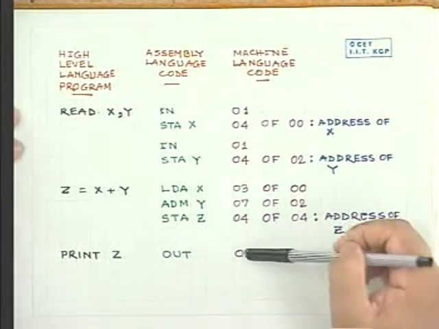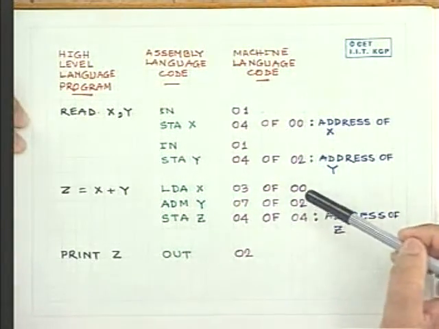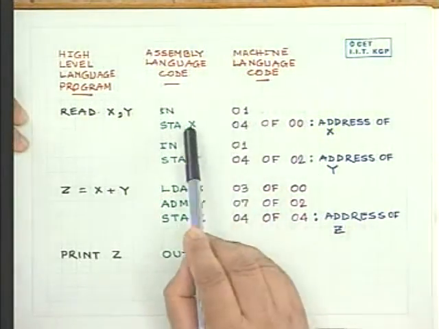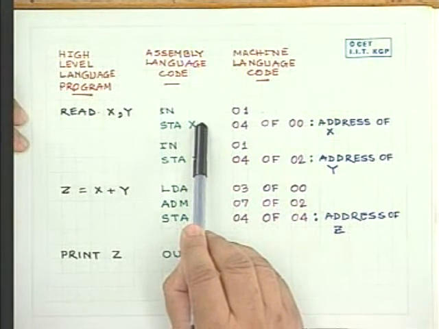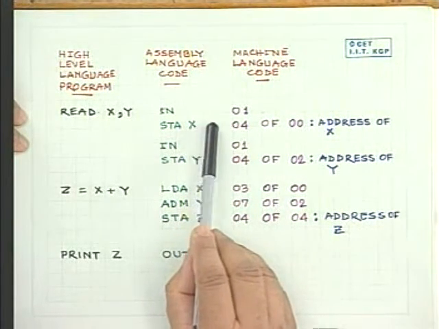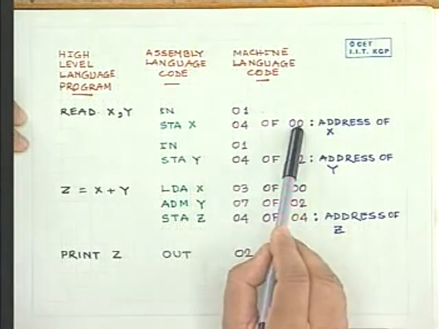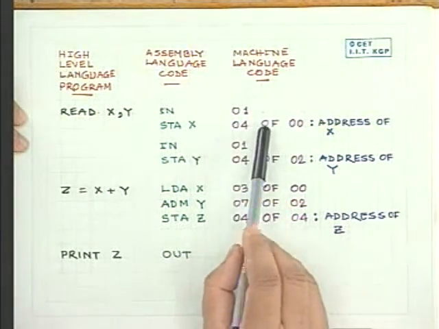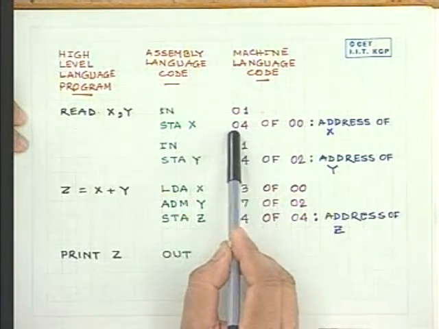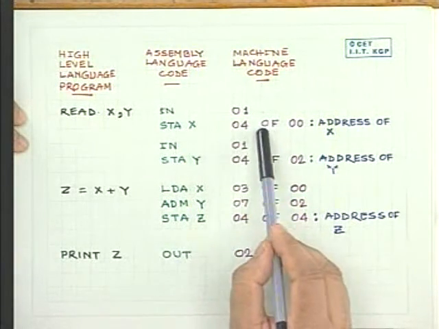So this way, I wanted to emphasize one thing: every assembly language has more or less a counterpart in machine language, and that machine language generally consists of two parts. One is the operation code part and the other is the operand part.